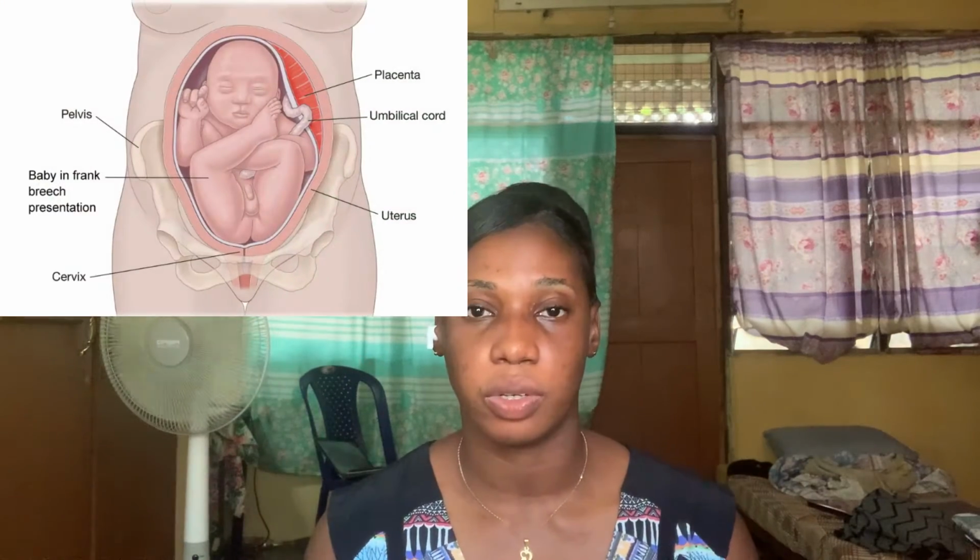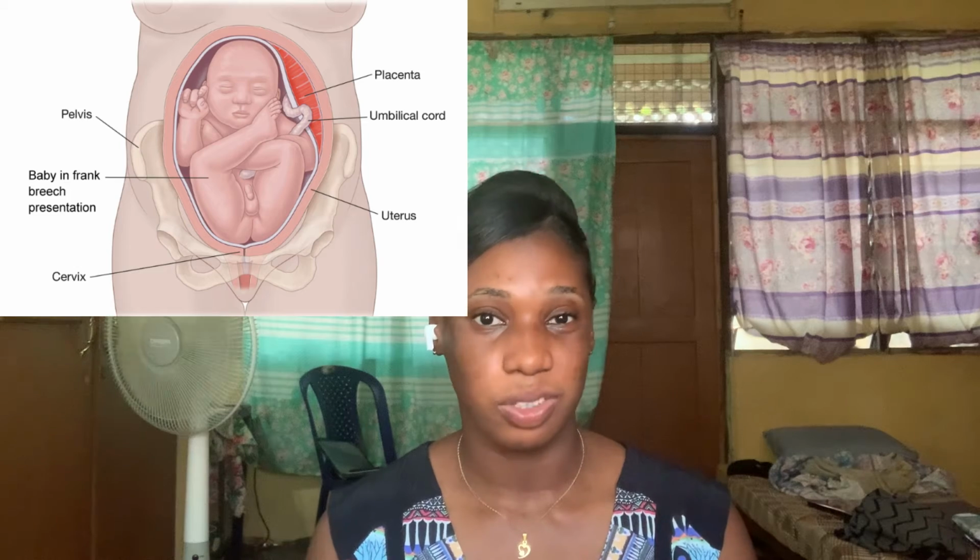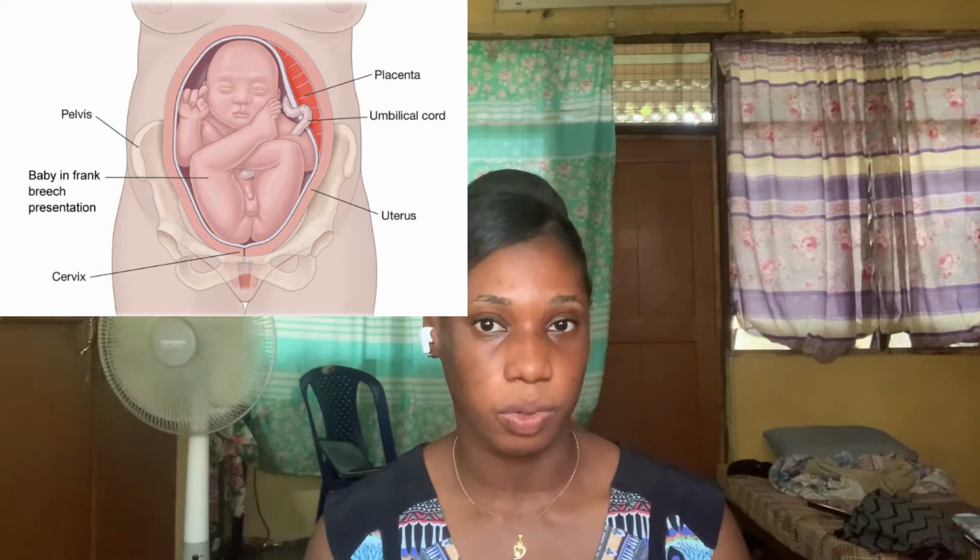That's the normal way a child should lie when the child is in the mother's womb. But in cases where there is a breech presentation, it's not always like that. Most times the head is facing up while the legs are facing down, which is actually abnormal, which is not the normal presentation.